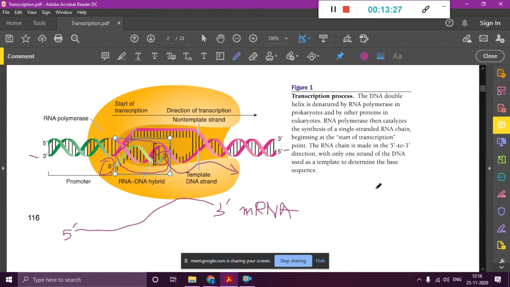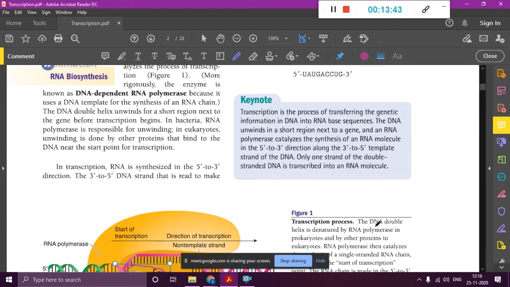In replication you had dNTPs being added. Here you have NTPs being added. Ribose sugar, deoxyribose sugar, since this is an RNA which is being formed. So this is the basic process of transcription.